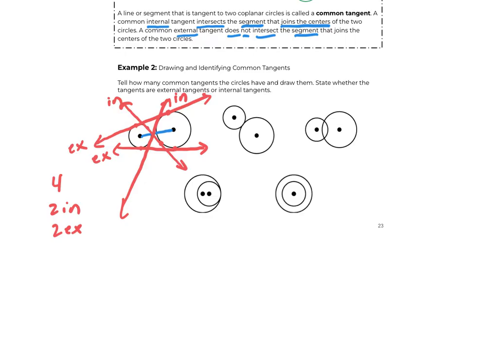Okay, each one of these pictures is a little bit different. We're doing the same thing. What type of tangent would these 2 be? Are those 2 tangents touching that blue segment? No. So they are both external.